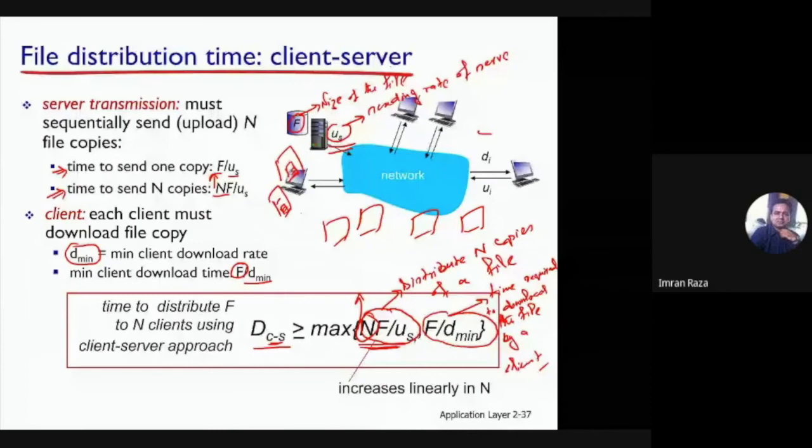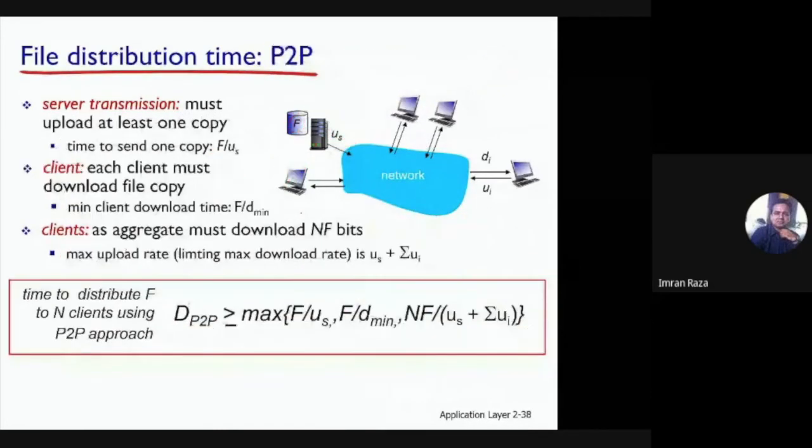But now let's compare the file distribution time in a peer-to-peer environment. And again, we are familiar with this. The time to send one copy is the size of the file divided by the sending rate of a server or a machine, say in this case a server is there, let's assume.